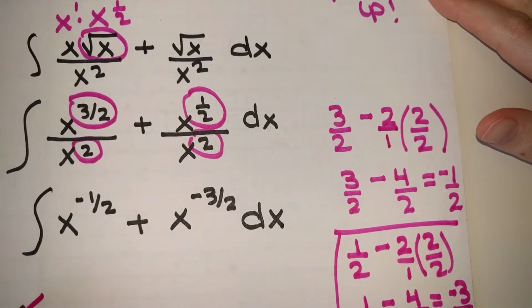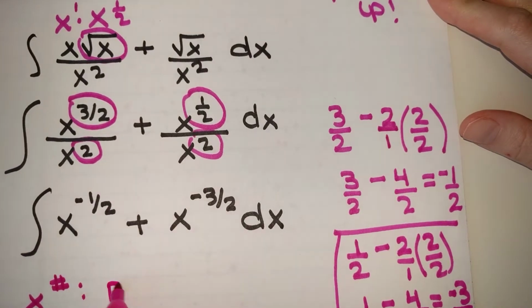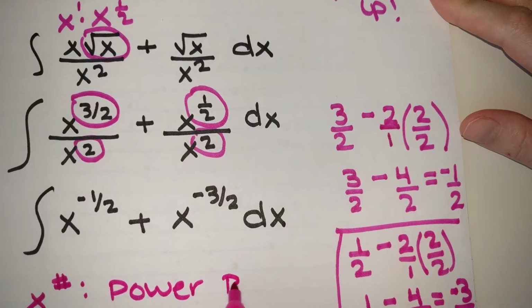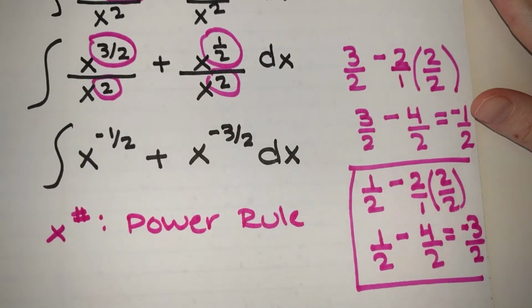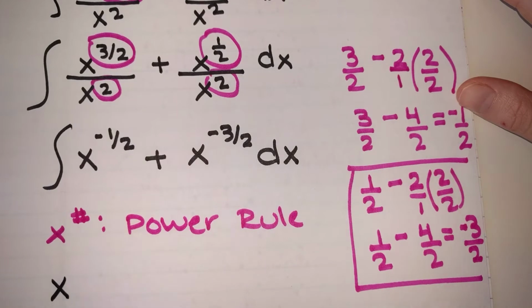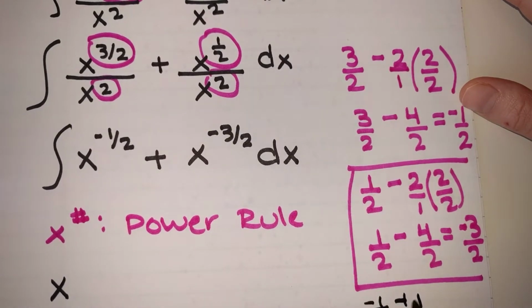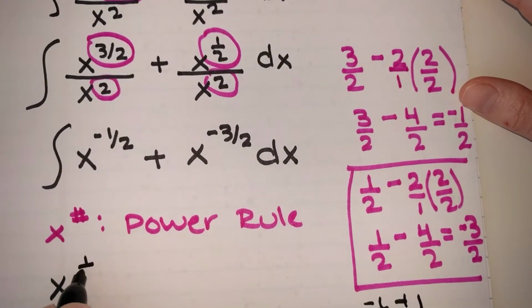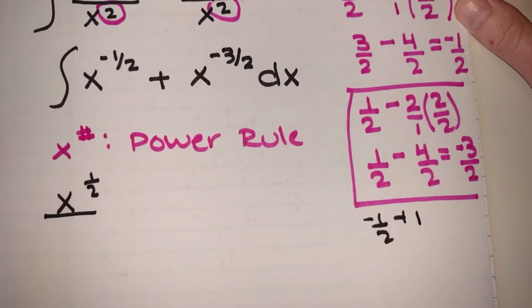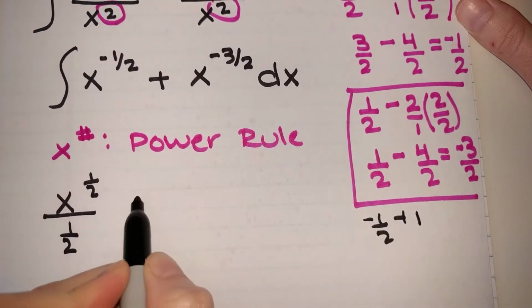So now that we have x to a number, we can use our power rule for integration. So what I would do is I would add 1 to the exponent. And remember, as soon as you start using the power rule, you lose the whole integral dx. So I add 1, negative 1/2 plus 1 is going to give us 1/2 divided by the new exponent of 1/2.